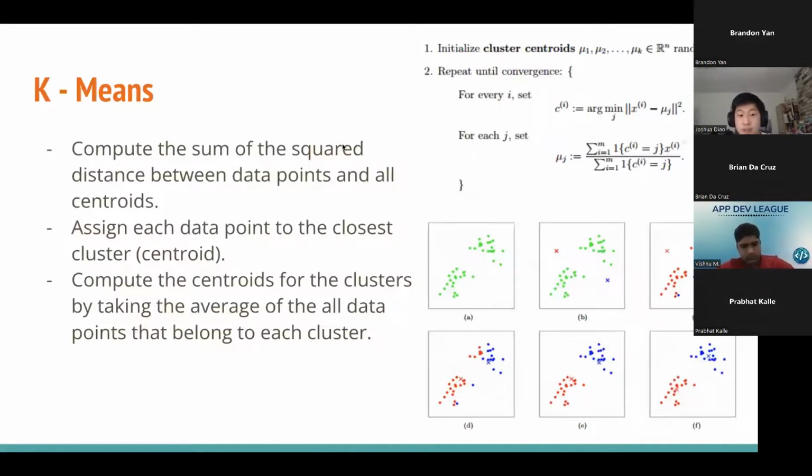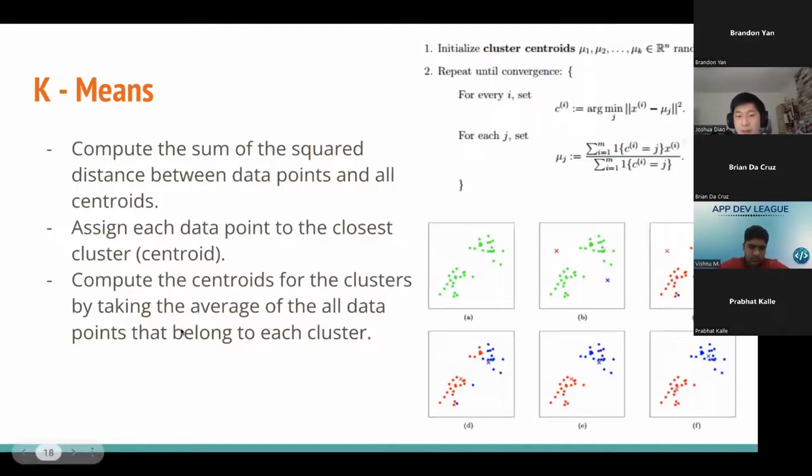I was explaining it intuitively, but I guess we can go more into the math. So we compute the sum of the squared distance between data points and all centroids, like I said, and we assign each data point to the closest cluster or centroid. And then we compute the centroids for the cluster by taking the average of all the data points that belong in the cluster.